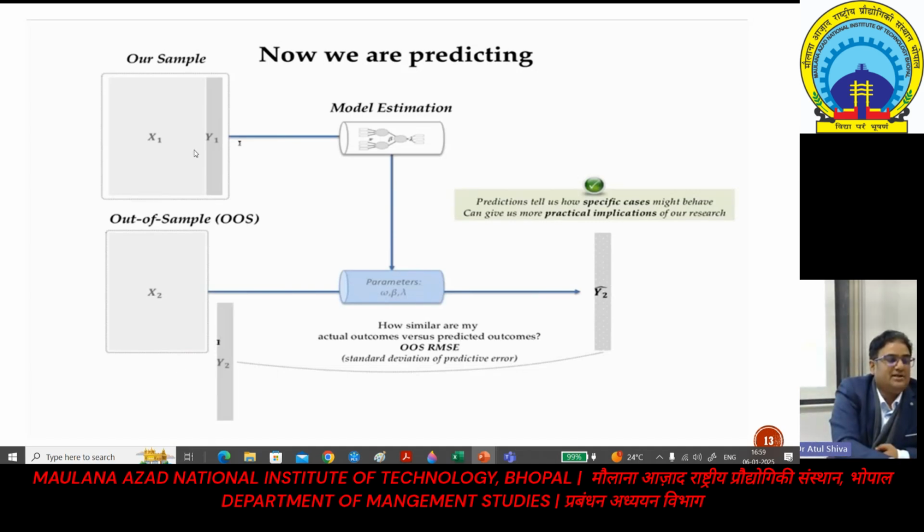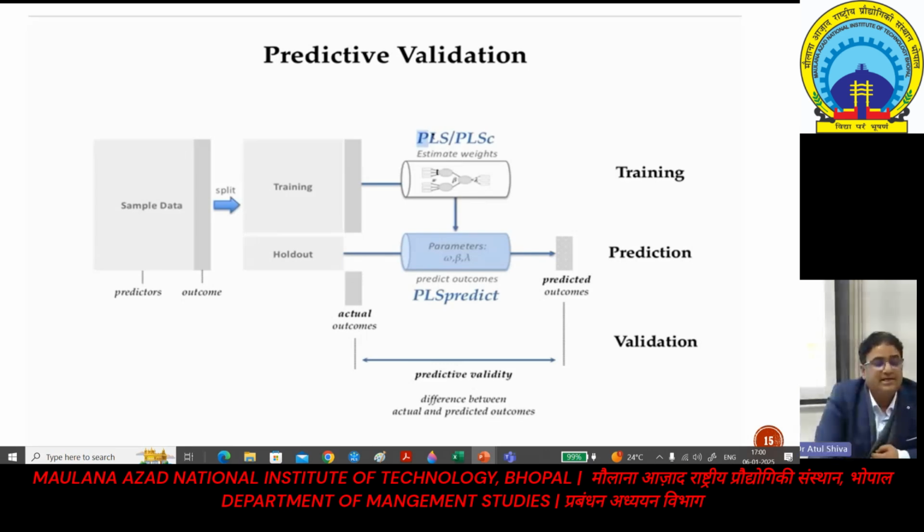You run the sample training data and record alpha beta. With the same alpha beta, you apply it on testing data. This out-of-sample is testing data. And then you find Y2 hat, the predicted Y. So if training data and validation give the same result, then you are saying that my results are significant.